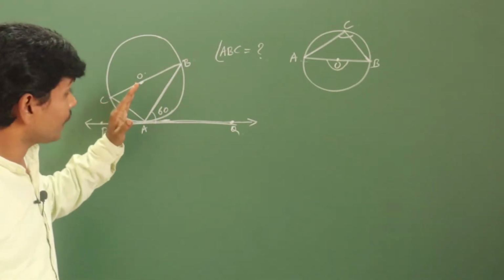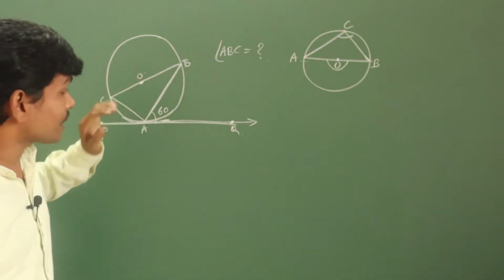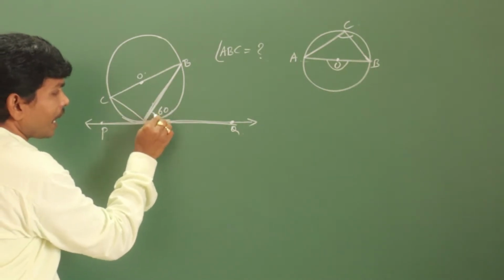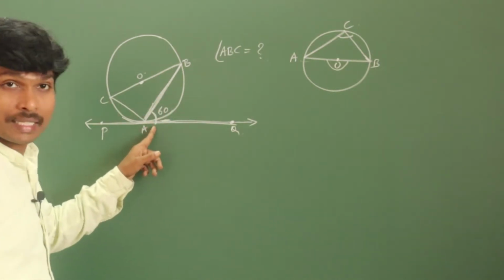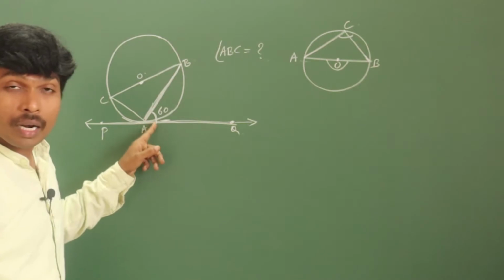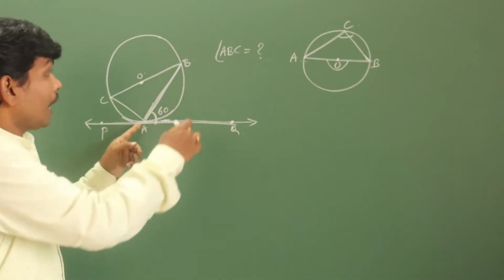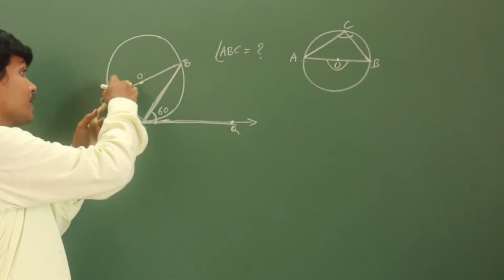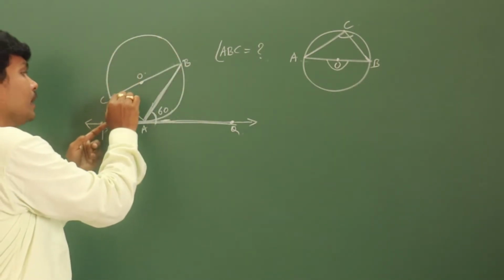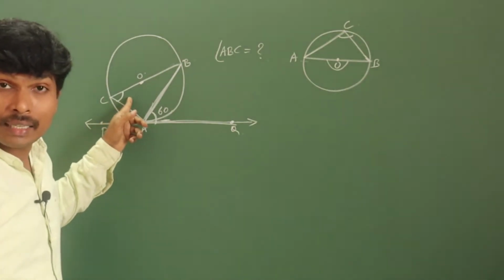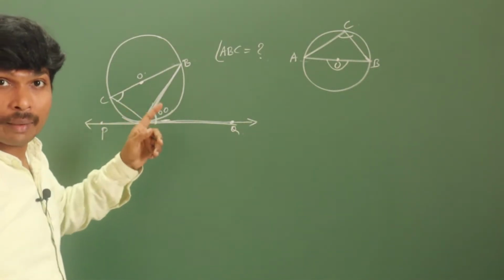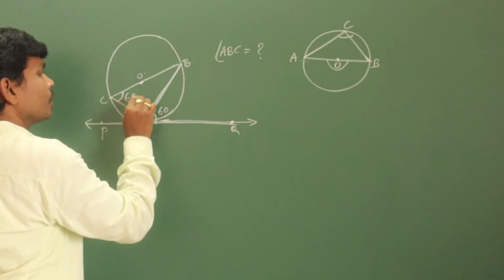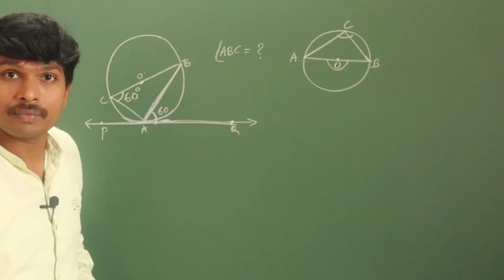By the alternate segment theorem, the angle between the chord and tangent is equal to the angle made by the chord in its alternate segment. The alternate segment means the major segment, now at C. So what is the angle at C? 60 degrees, by the alternate segment theorem. So this is also 60 degrees.